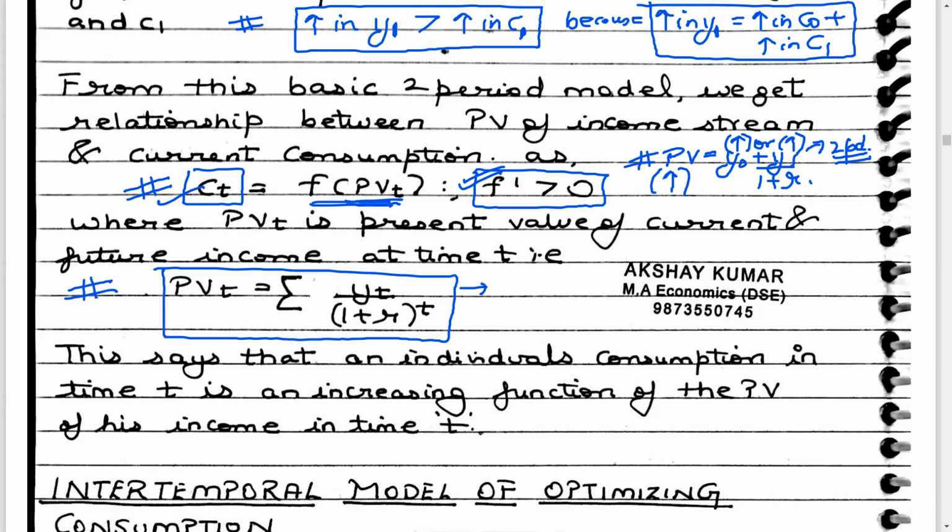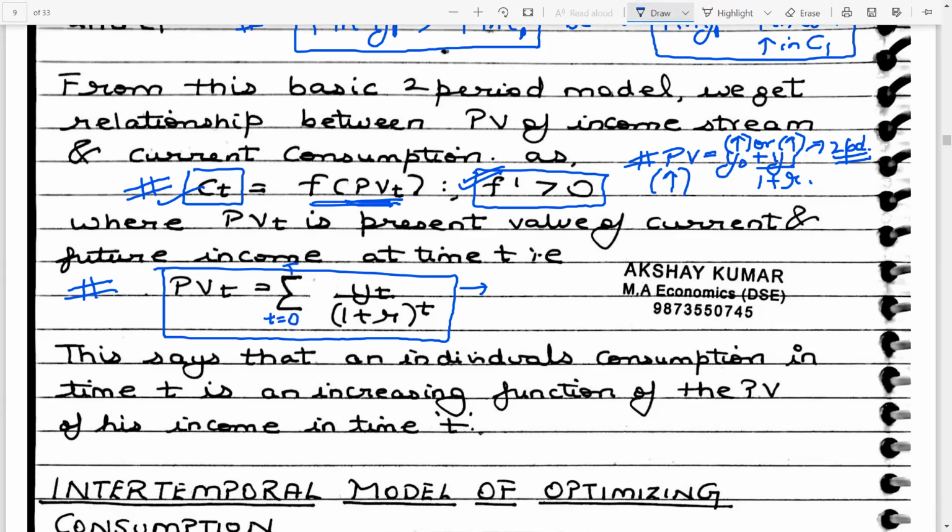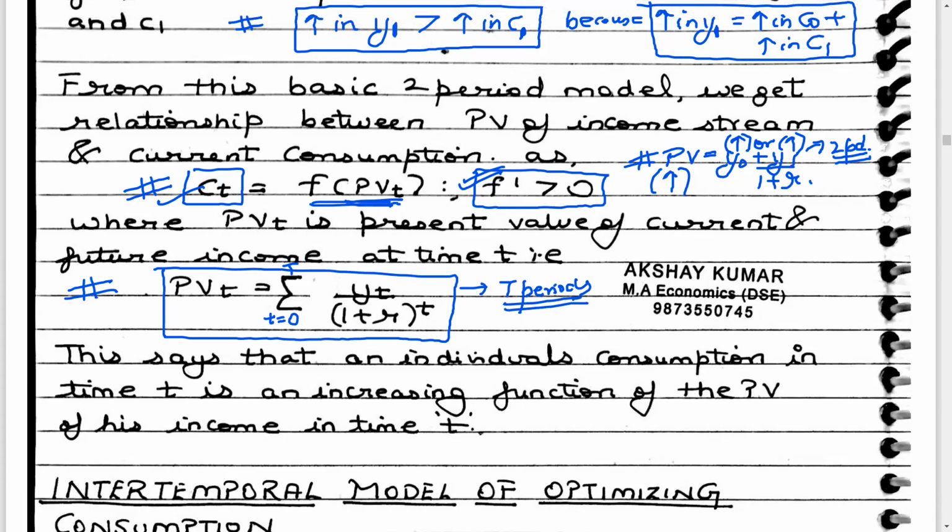This is for t periods, or I can say as t goes on from 0 to capital T. So this is for capital T periods. Okay, so my PVT will be summation as small t goes from 0 to capital T, yt upon 1 plus r to the power t.